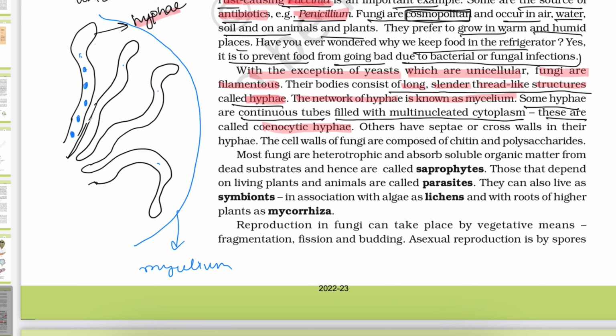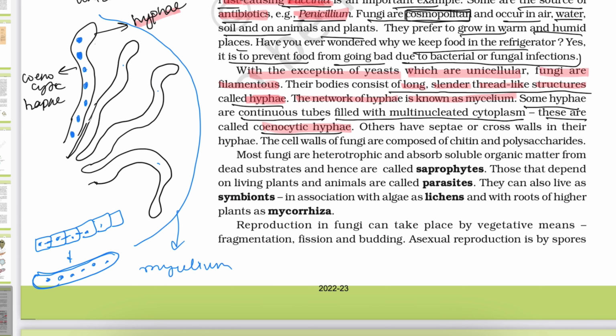If many cells fuse to form this long thread-like structure, and there is no boundary between the adjacent cells, then the nuclei of every cell will be continuous with each other, and the cytoplasm will be a single cytoplasm. This is the condition you can see in coenocytic hypha. Some hypha are continuous tubes filled with multinucleated cytoplasm, and these are called coenocytic hypha.